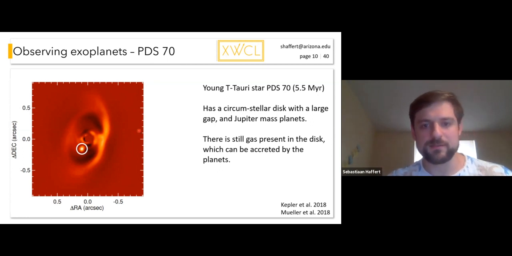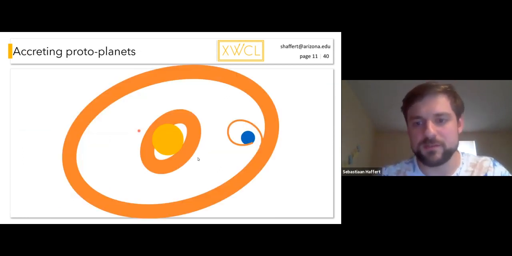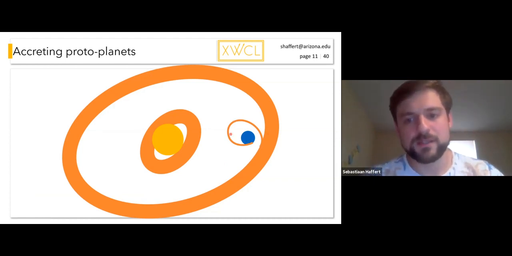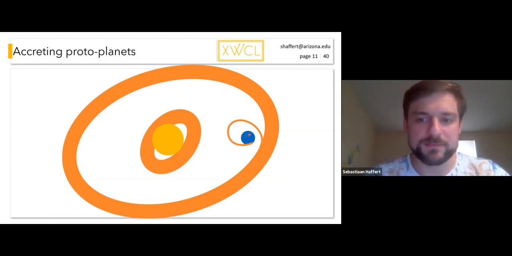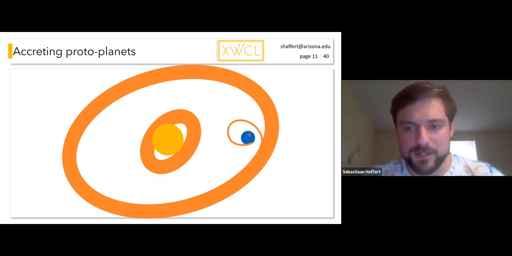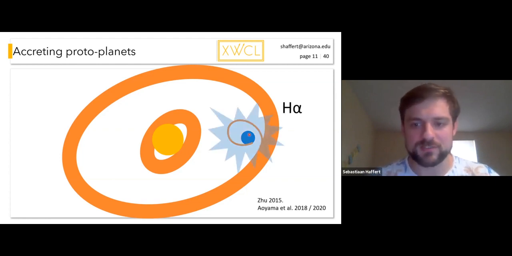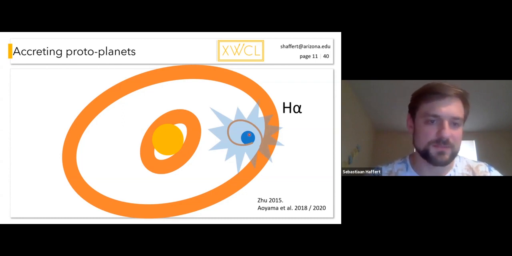The reason why that's very efficient is because when the planets are in the gap, there can still be some gas and dust in the gap. Mainly that gas will be accreted by the planets. When it arrives at the surface of the planet, or on the circumplanetary disk, it gets shocked, and that shock can create a lot of H-alpha emission.